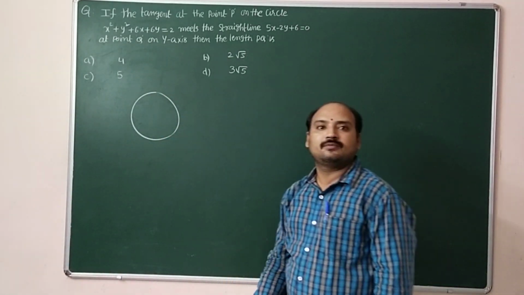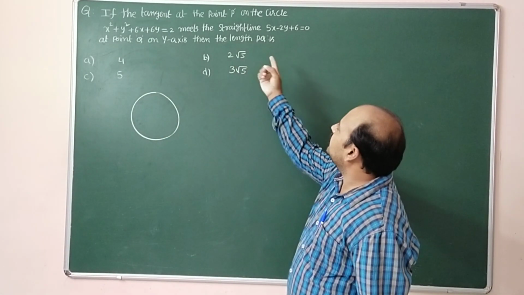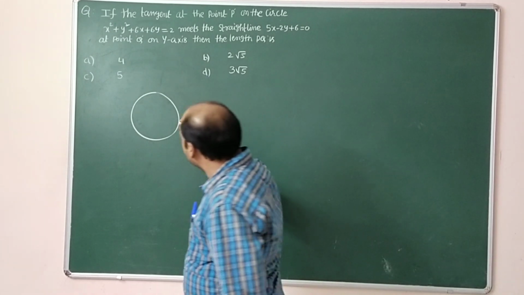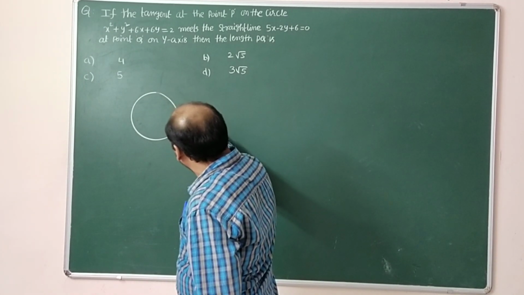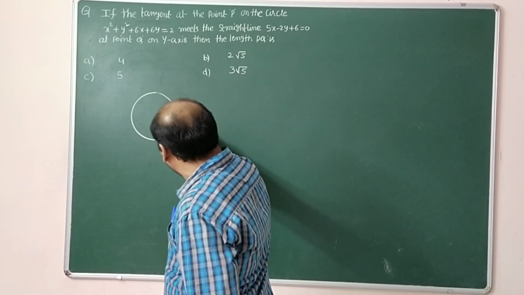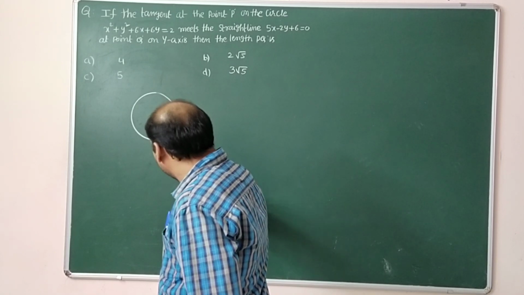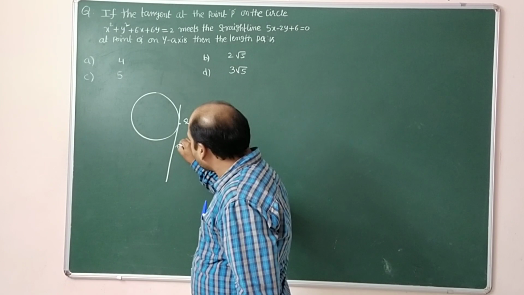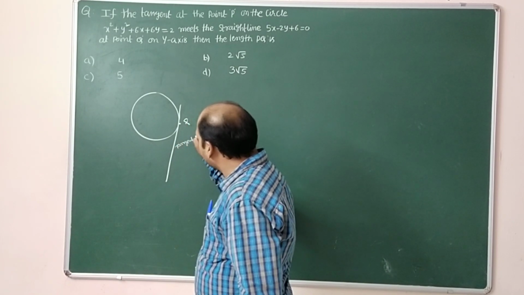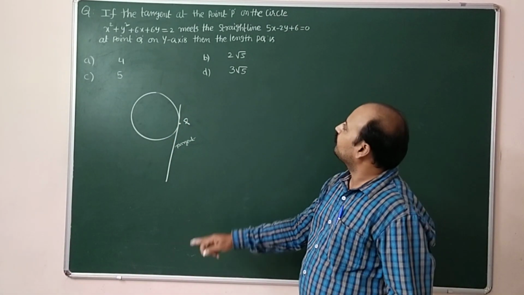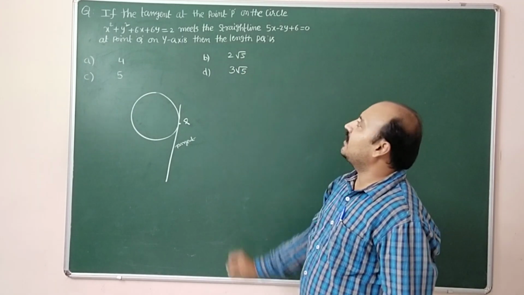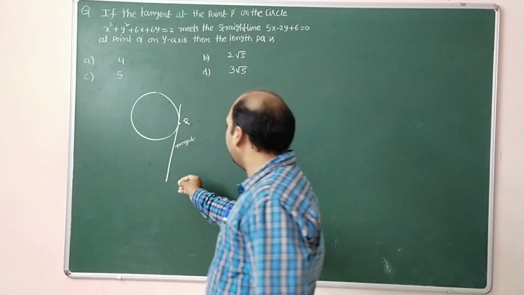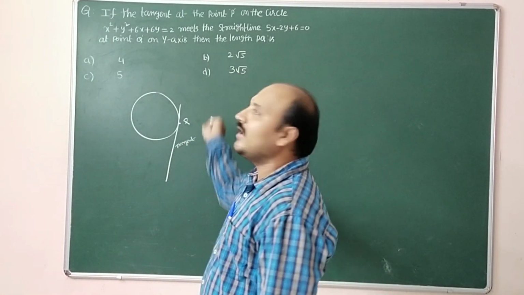If the tangent at the point P, this is the tangent equation. At the point P meets the straight line. This tangent meets the straight line on y-axis.